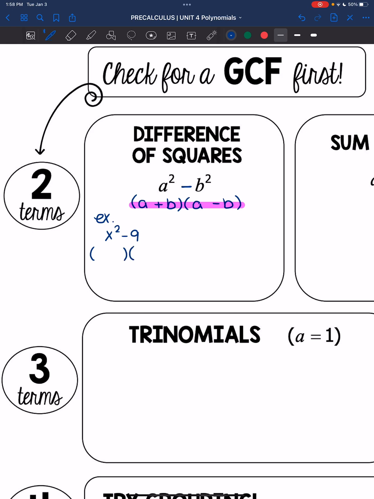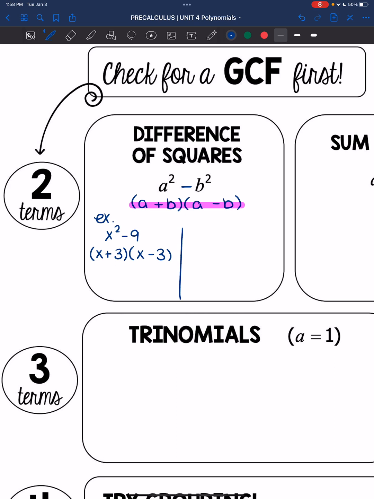Well, it'll be two binomials, one adding the terms, one subtracting the terms. And then we ask ourselves, what's the square root of x squared? It is just x. And what is the square root of 9? What is that, y'all? It is 3. So there you go. That would be one example.